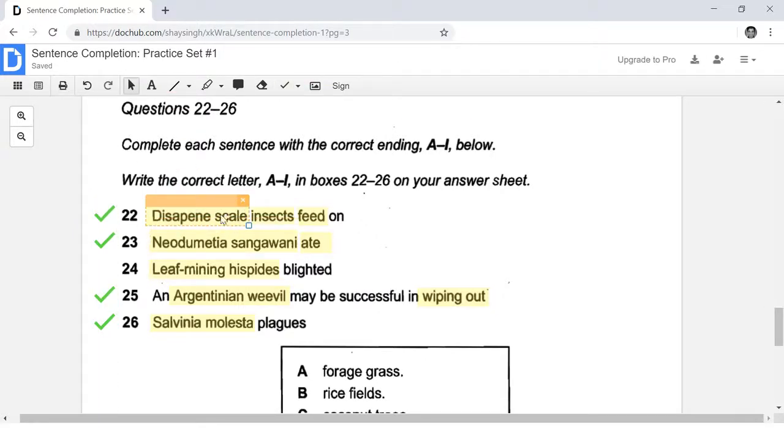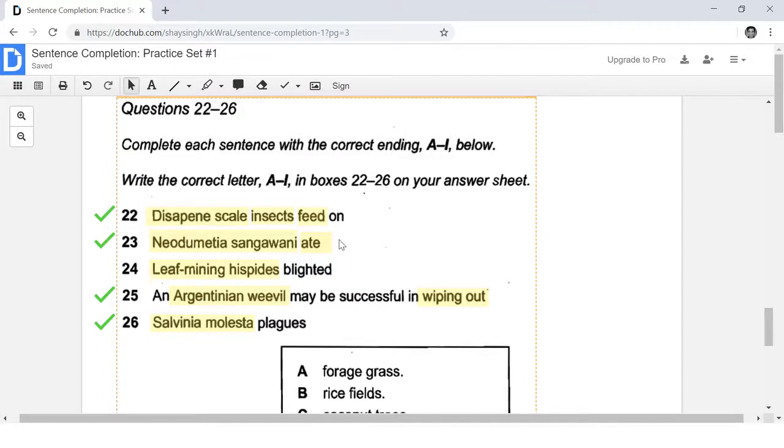I'm not sure since it's referring to a scale, but it's referring to a certain type of scale. So let's start looking for diaspin scale, and then we'll look for these other keywords. Let's just have these other keywords in the back of our minds, just in case we happen to see them in the article. Then we can just mark them right away.